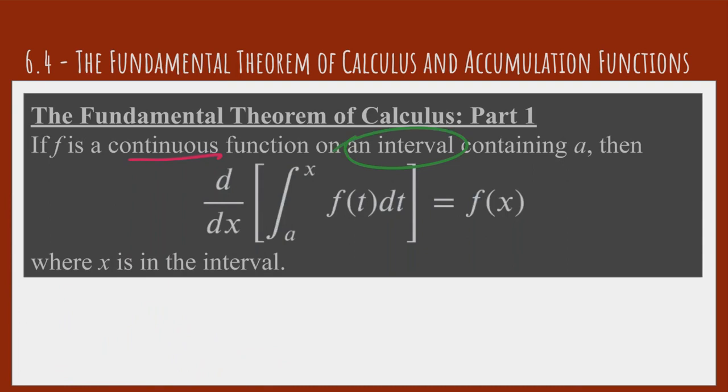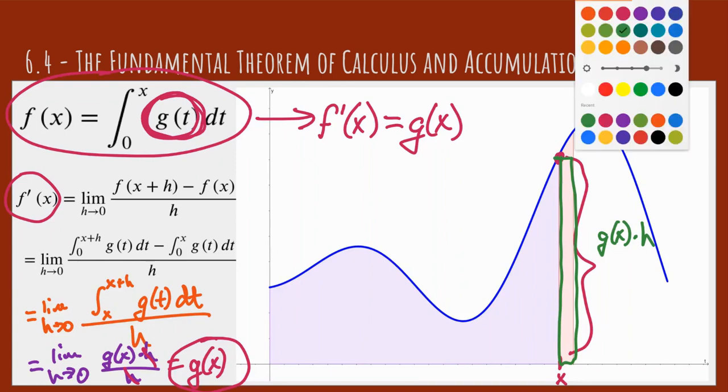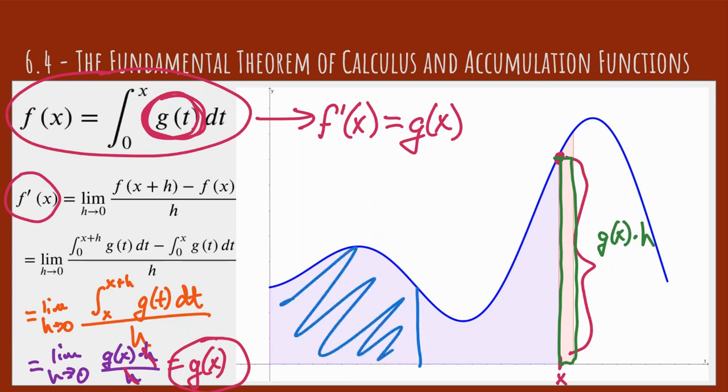Now, I want to point out that in my proof, I had a lower limit here of 0, but it can really be any constant. If we think about what that means, everything I just did would be the same if I just took a section of this and got rid of it.